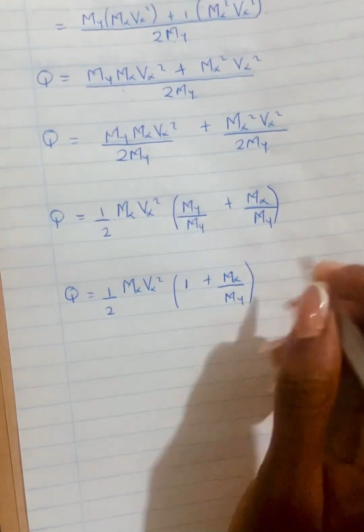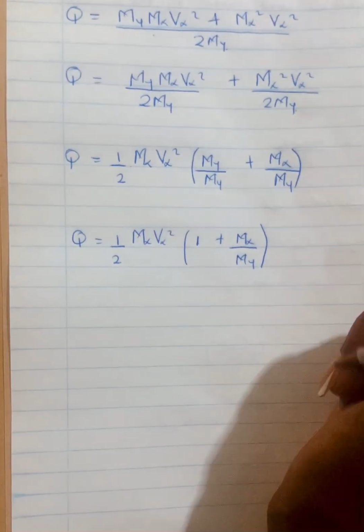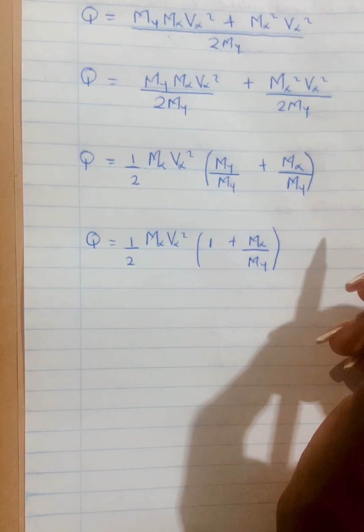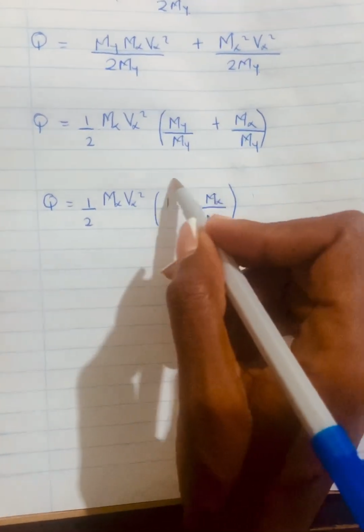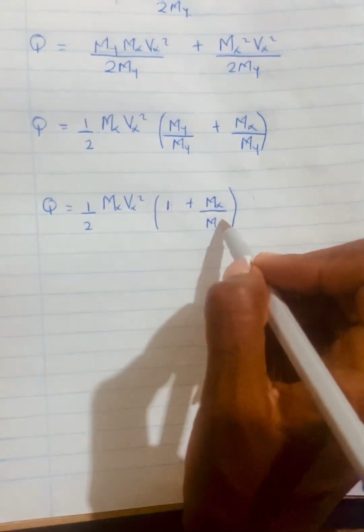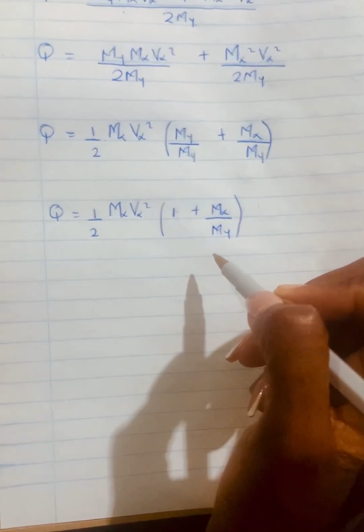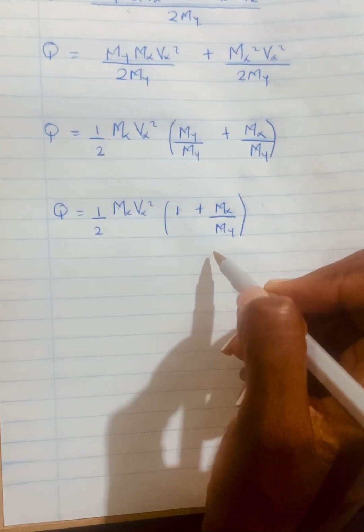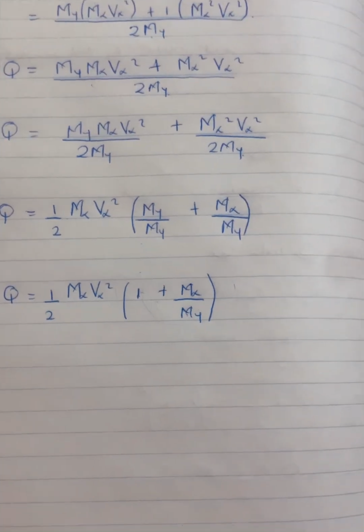We close our bracket. I hope I didn't leave anyone behind. If I simplify this inner bracket and find the common denominator, the denominator here is m_Y.